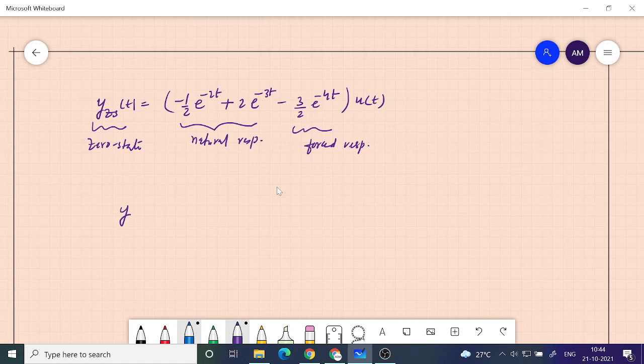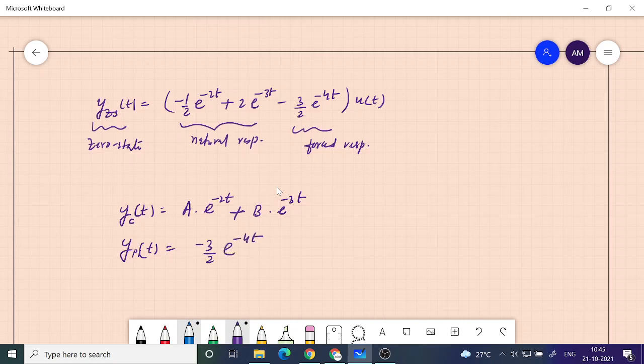Those constants will be unknown. The complementary solution, or yc of t, we will write as a into e raised to minus 2t plus b into e raised to minus 3t. Then we find the particular integral, the particular solution yp of t, and that we will get as minus 3 by 2 e raised to minus 4t.